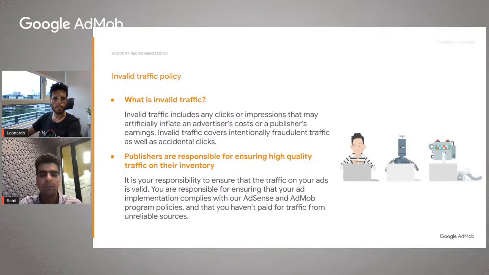We understand that a third party may generate invalid traffic on your ads without your knowledge or permission. However, at the end of the day, it is the publisher's responsibility to ensure that the traffic on your ads is valid. The publisher is responsible for ensuring that your ad implementation complies with the AdMob program policies and that you haven't paid for any traffic from unreliable sources.